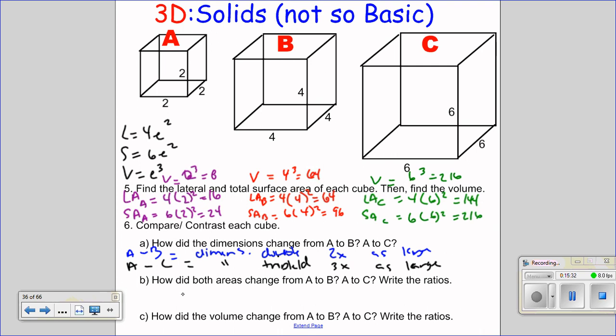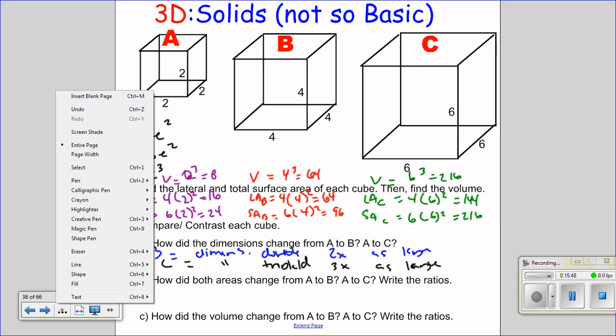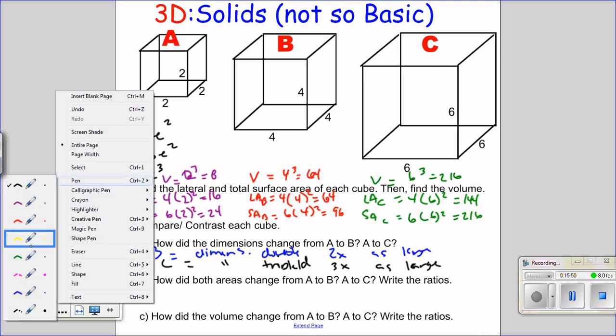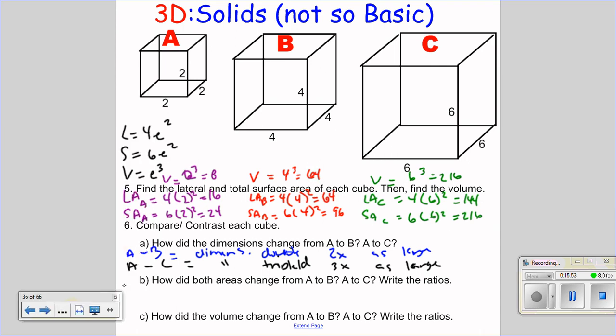B, how did both areas change from A to B and A to C, and write the ratios? So going from 16 to 64 for my lateral, it's 4 times as large from A to B. So my lateral is 4 times as large, and so is my surface area.